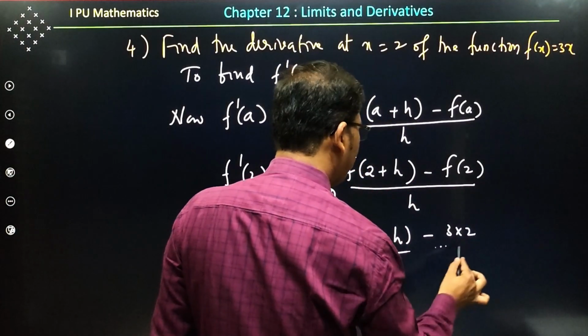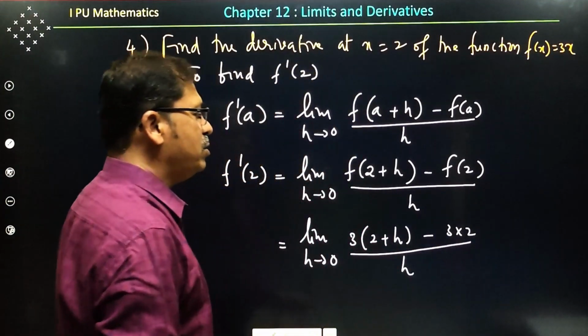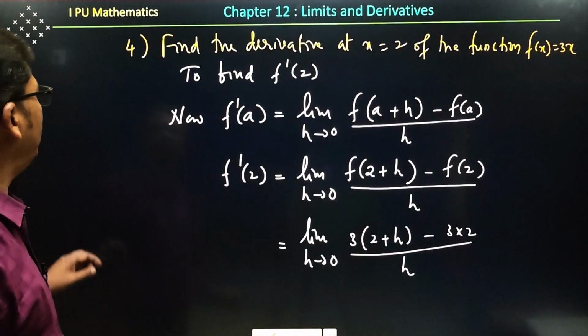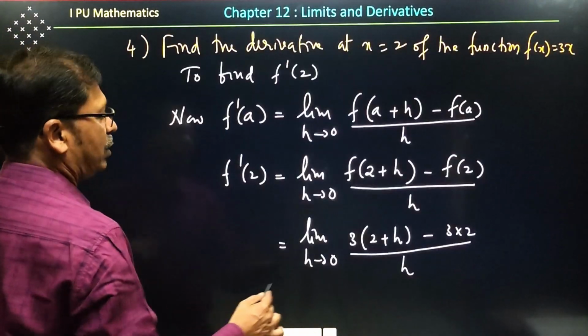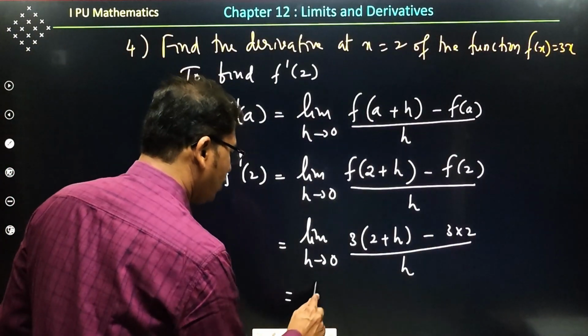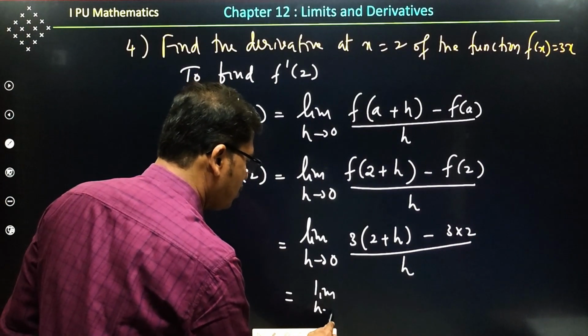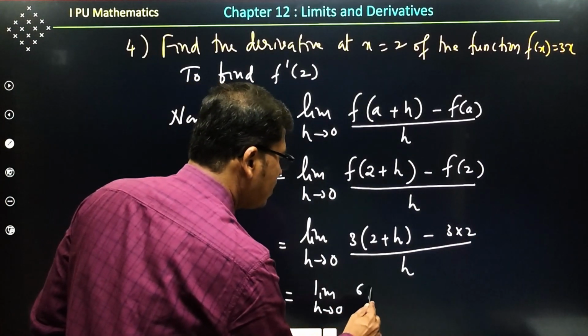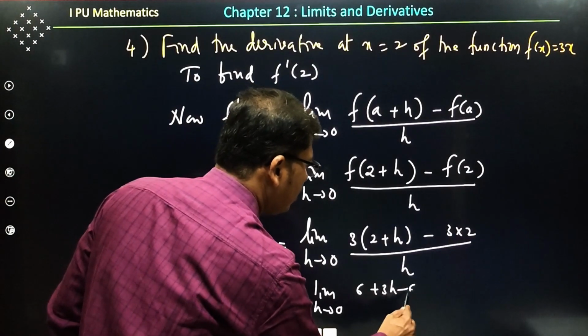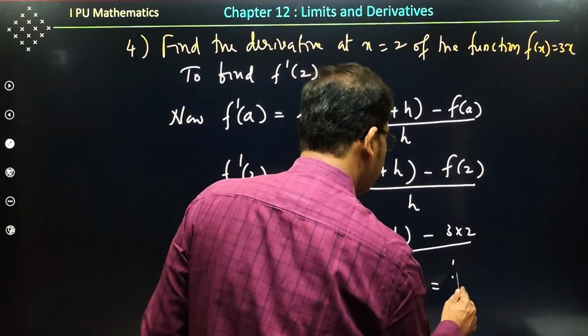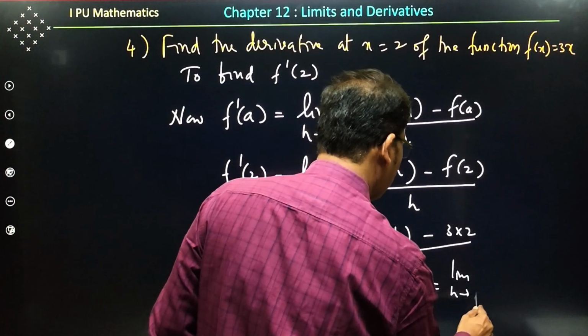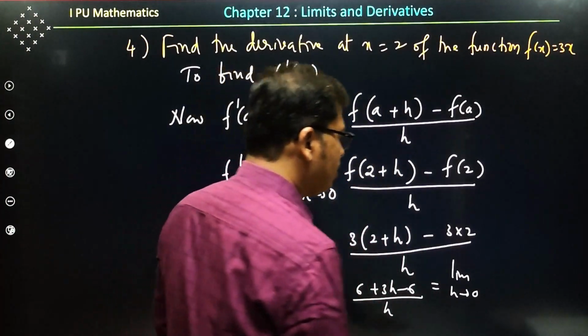So whole divided by h we can add. So simplify this. This is equal to limit h tends to 0. Sorry, here only I would like to complete. This is equal to limit h tends to 0, 3 into 2 is 6 plus 3h minus 6 whole divided by h. 6 and 6 cancels. What remains? Limit h tends to 0 remains 3h by h.